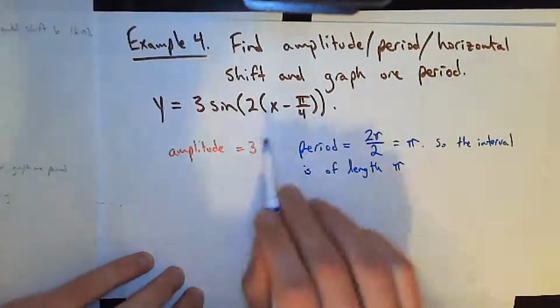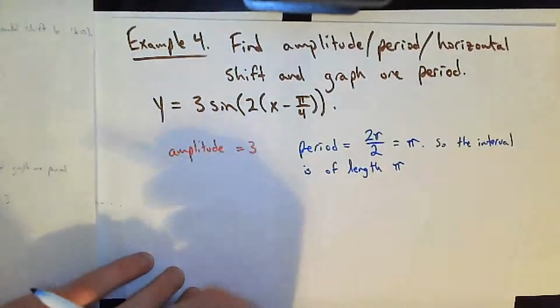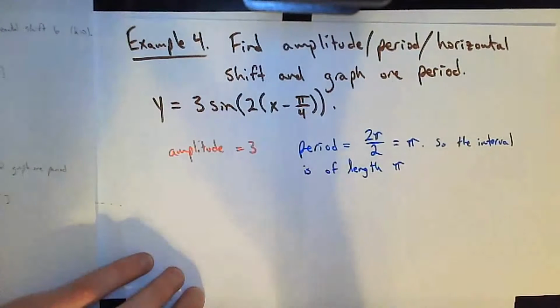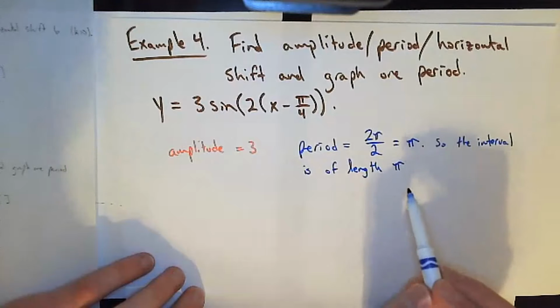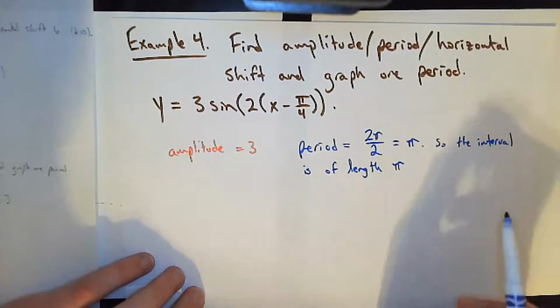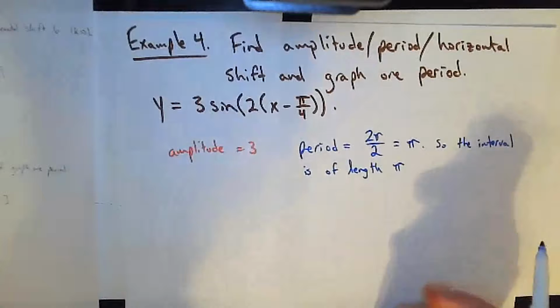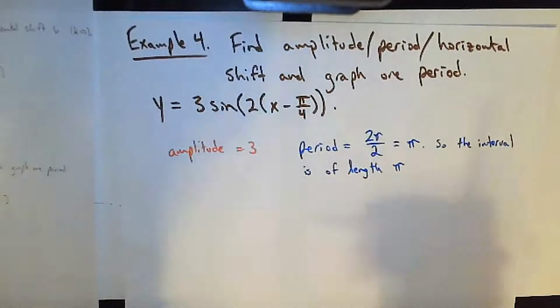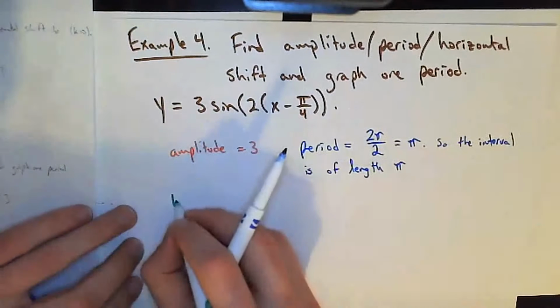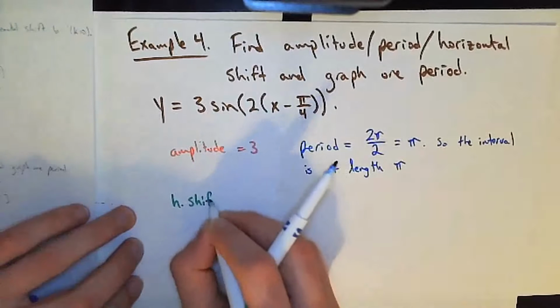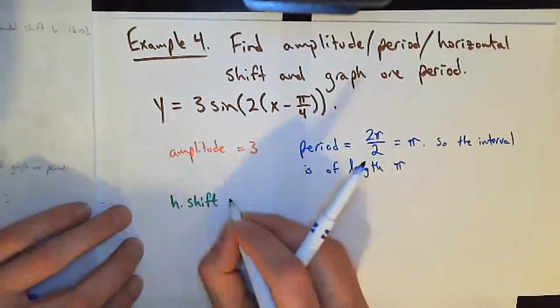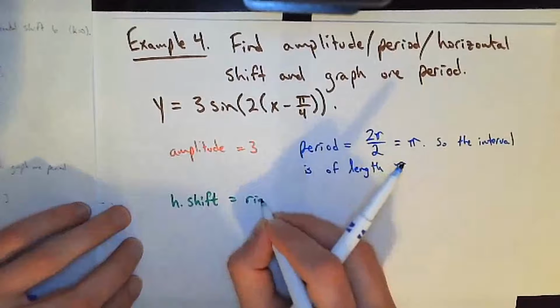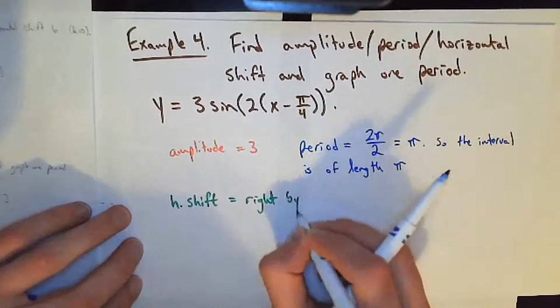But that's all I can say now because it has been horizontally shifted to the right by pi on 4. So I don't want to say anything else about the period yet until I get down the horizontal shift, which I'll do in green. So I'll say H shift for horizontal shift is going to be right by pi on 4.